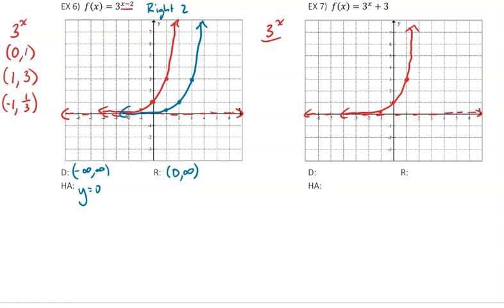All right, in this case though, we have a +3, and notice it's not in the exponent. If it's not in the exponent, that means vertical. So this is going to be going up 3. So each of these points, I'm just going to move up 3.